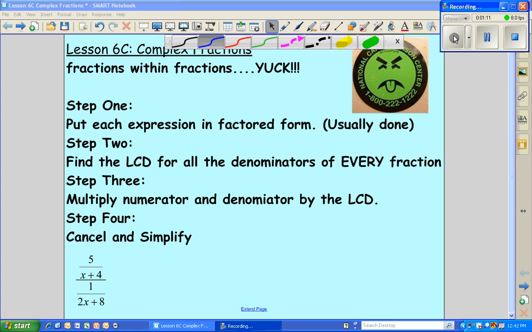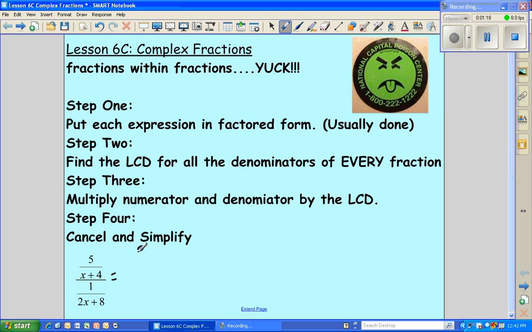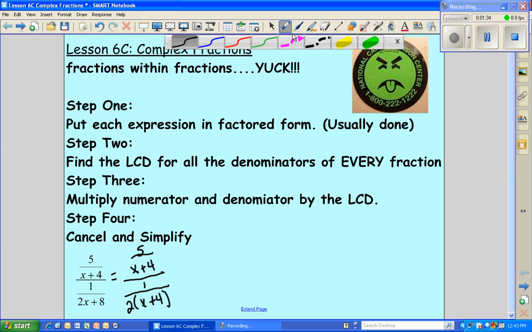So, if we look at this first example down here, what we have is 5, which is factored. X plus 4 is good. 1, and then we're going to pull the 2 out because there's a GCF, and that gives us x plus 4. And then we're going to focus in on our denominators.